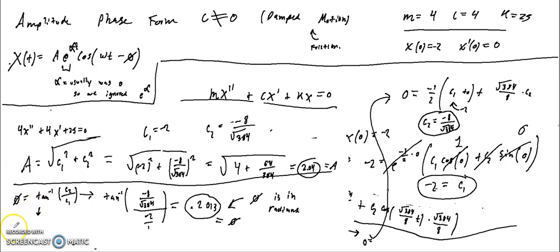Remember that tan inverse has two conditions. It must be positive, and it has to be in the domain of negative pi over 2 to pi over 2. And c1 and c2, remember, they're like cosine of phi, sine of phi. So c1 is like the x coordinate. If we have our unit circle, c1 is negative, so negative x.